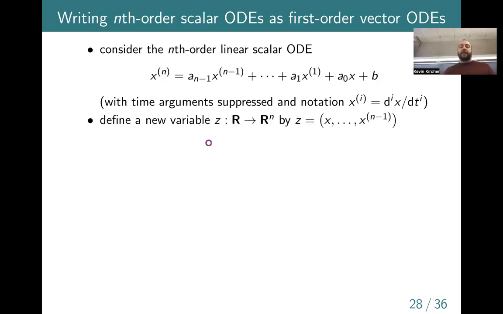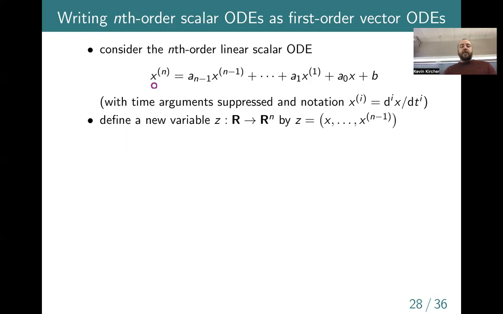The basic move here is to define a vector variable, call it z, which is just a list of x and all its derivatives. So this would be x, and then the next entry would be x dot or dx dt, and we go all the way down to the n minus 1 derivative. We stop before the order that shows up in the differential equation.